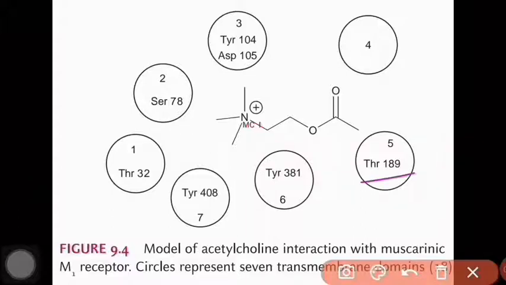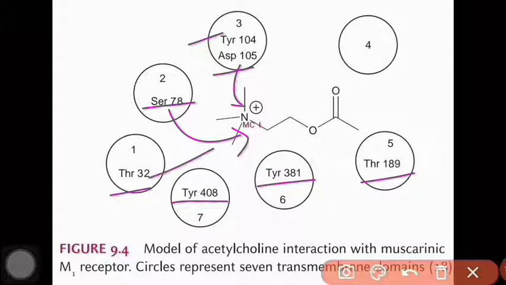See this: threonine, tyrosine, serine, tyrosine, and aspartate. So this aspartate interacts with this, serine interacts with this, threonine, tyrosine, threonine.